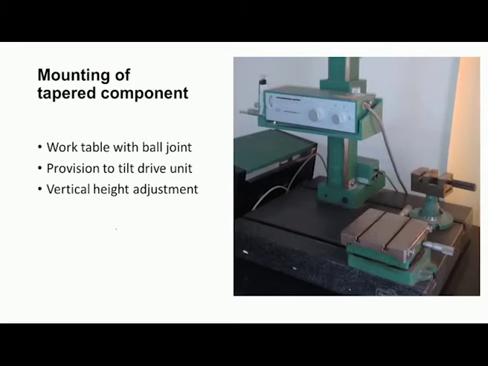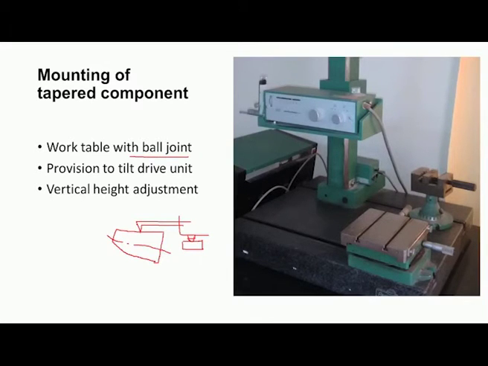So we have a tapered component like this, and then we have the stylus, and then externally we have the datum. The movement of the stylus should be parallel to this datum. So in that case, this line, this generator, should be made parallel to this datum. In such cases we can use the work table with ball joint.